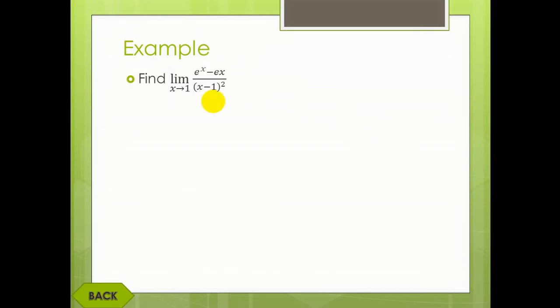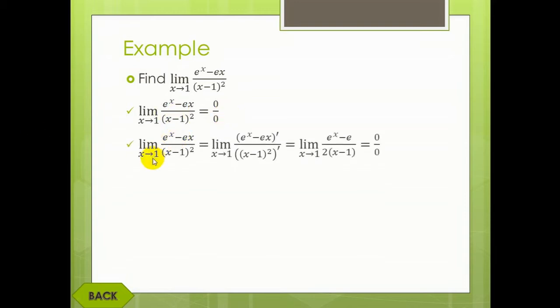Another example, find the limit x approaching 1 of e to the power x minus ex over x minus 1 squared. To verify this one, you need to substitute x approaching 1 into this function. The result will be 0 over 0, so this is an indeterminate form. So you can continue with L'Hospital's rule.